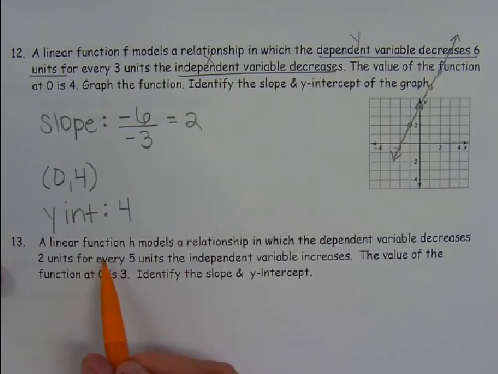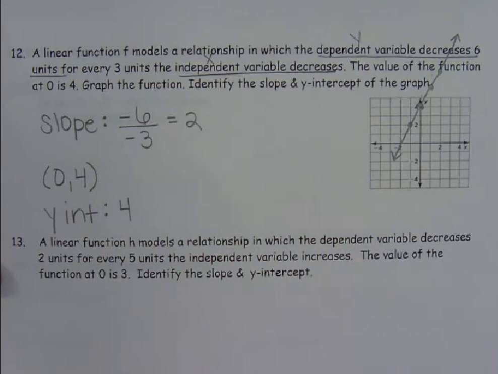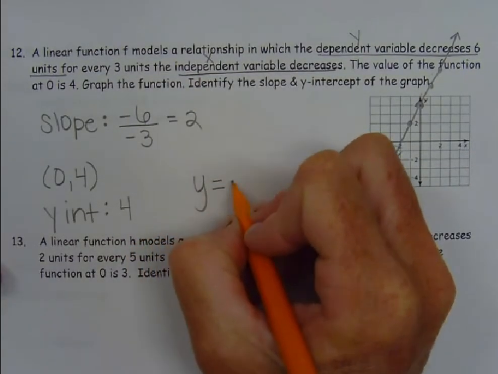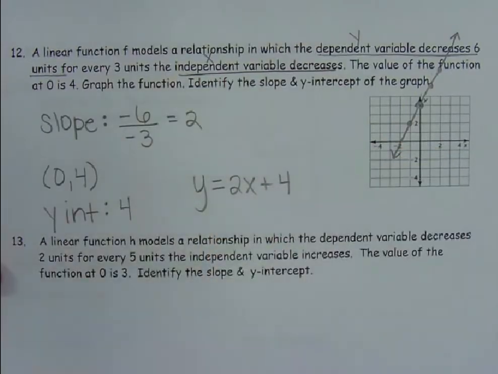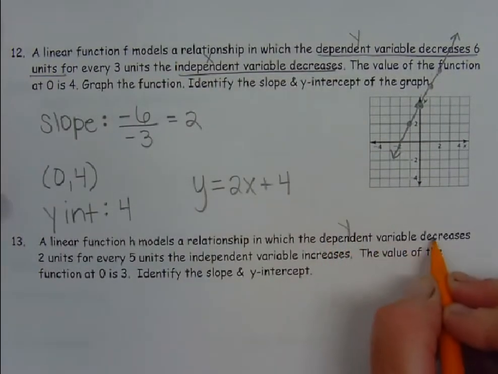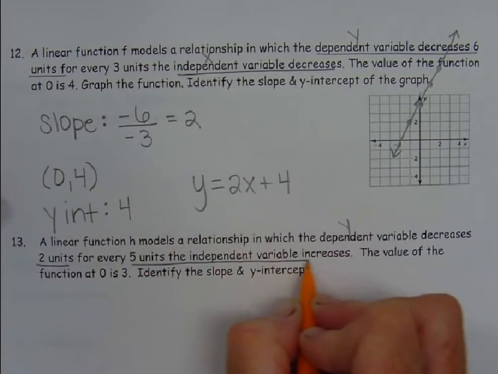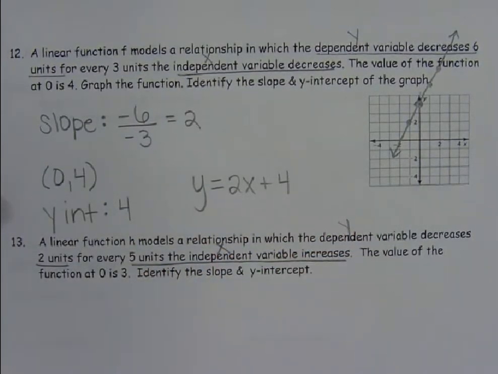Let's take a look at another one. In this case, just in case you wanted to write an equation, you could write your equation like that. Number 13, a linear function h models a relationship in which the dependent, or y, value decreases 2 for every 5 units the independent variable increases.